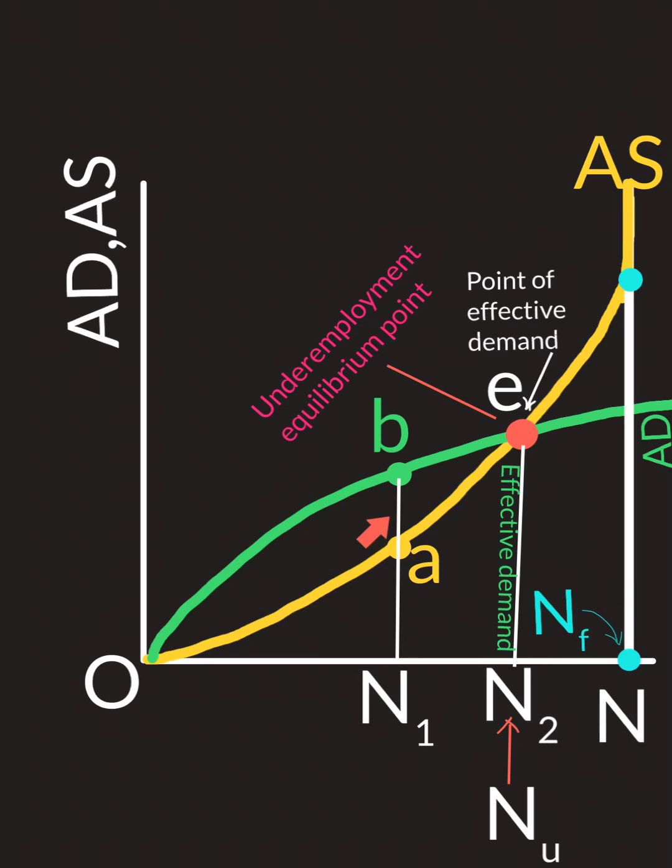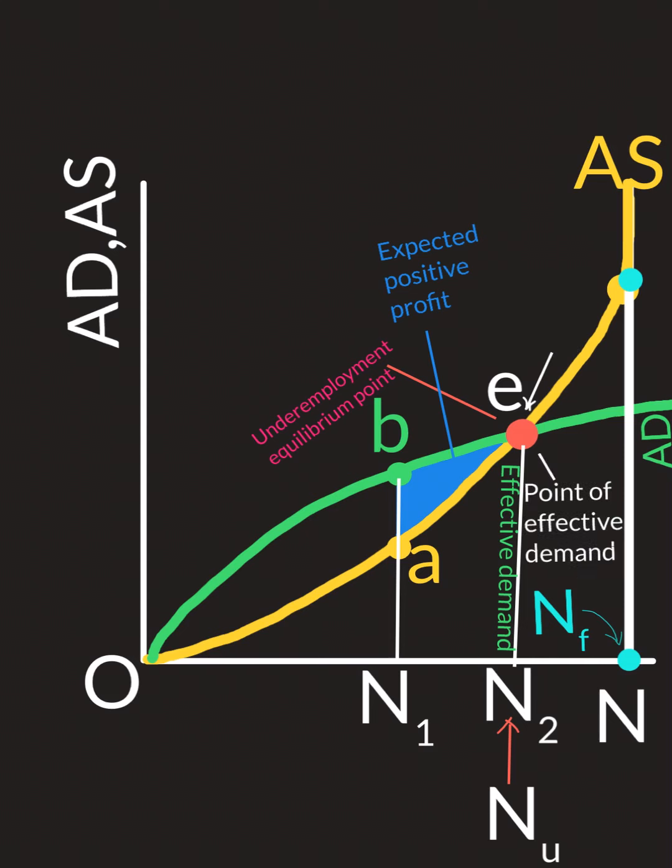So the difference between aggregate demand price and aggregate supply price leads to profit. As there is the expectation of positive profit, the employment level will go on increasing up to N2. The volume of employment cannot increase to N3.